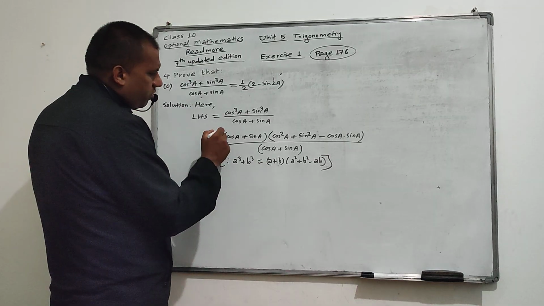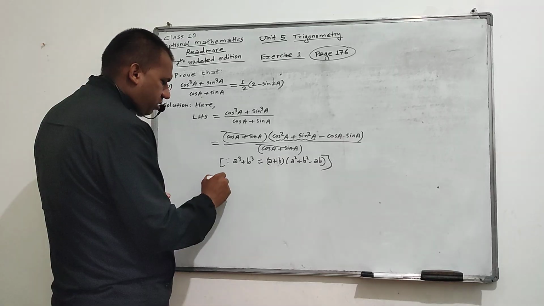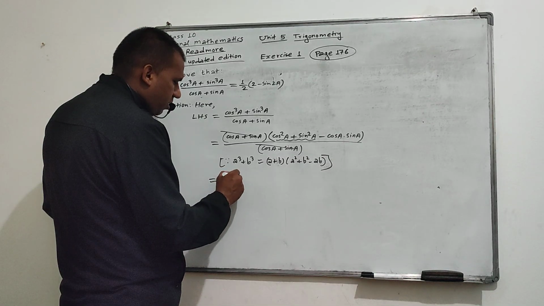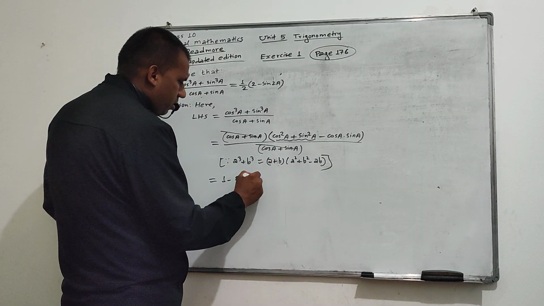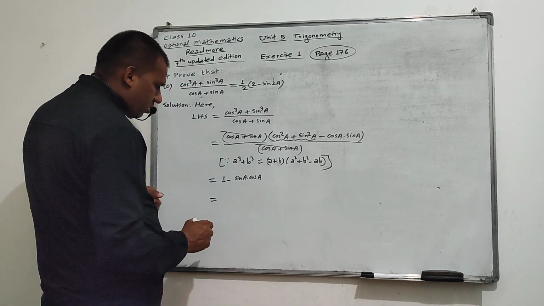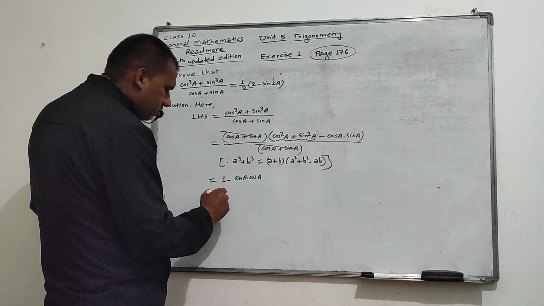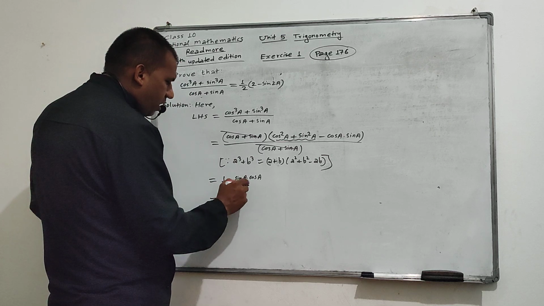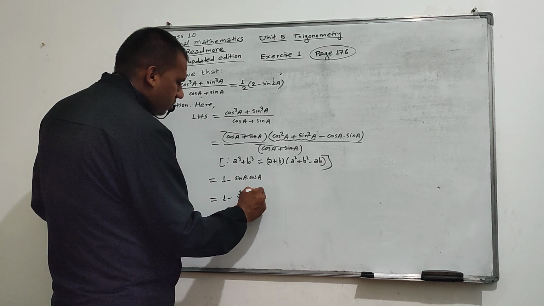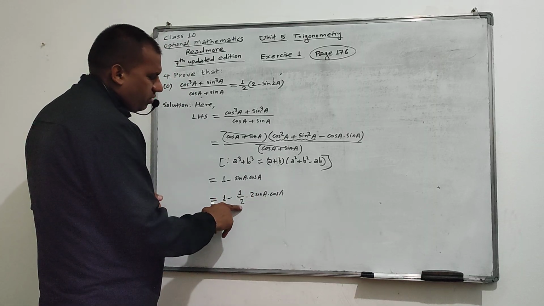Now this equal to cos A plus sin A cancel out, remaining cos square A plus sin square A, 1, minus cos A sin A, that is we can write sin A cos A. Now this equal to 1 minus sin A cos A, we can put 1 by 2 times 2 sin A cos A, multiply by 2 upon 2.